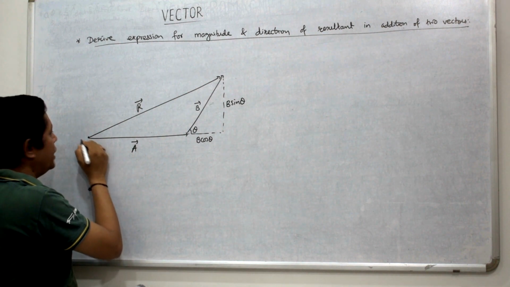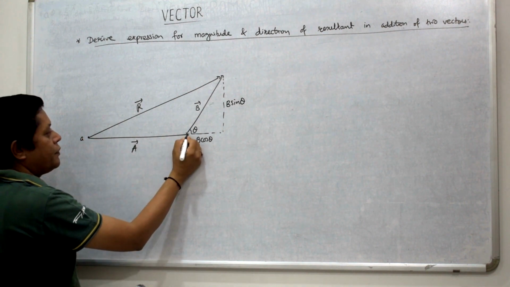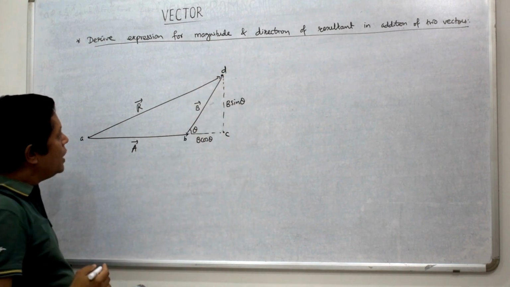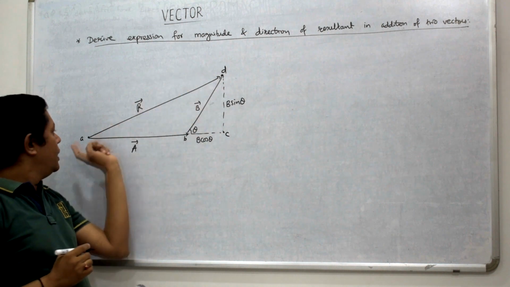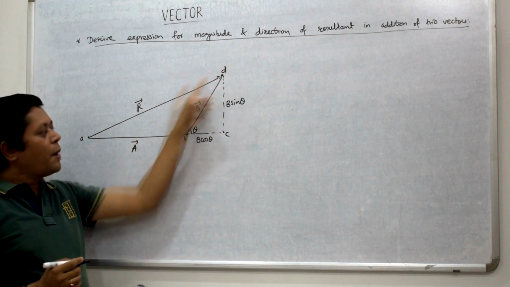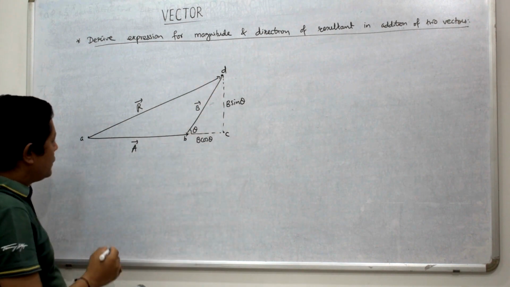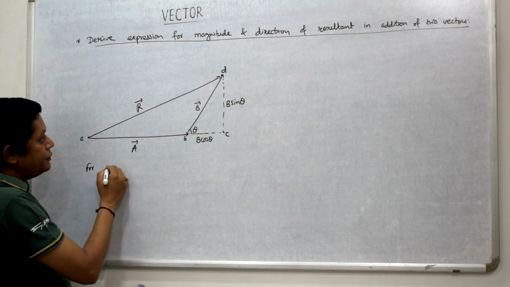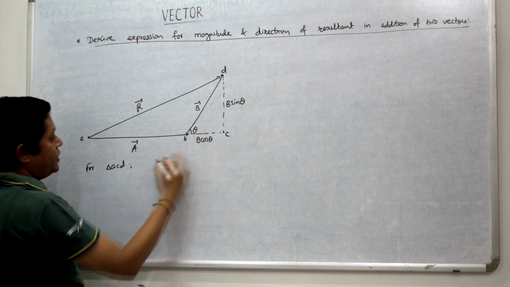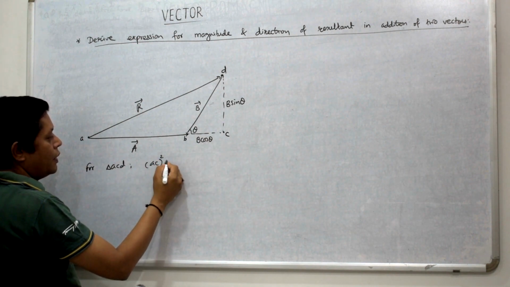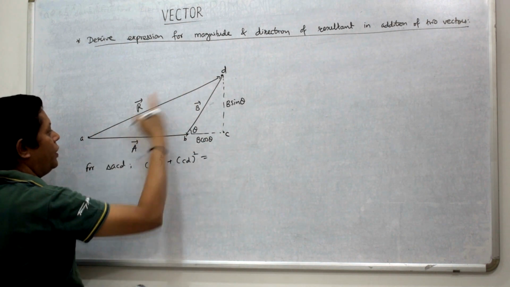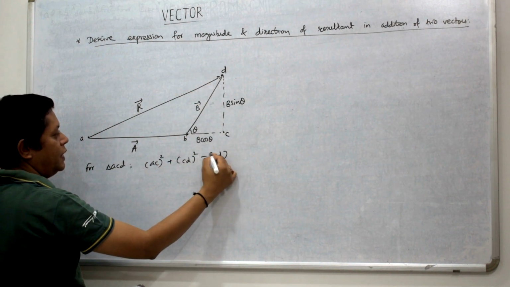If we mark all these points as, let's say, A, B, C and D, you can see triangle ACD. It is a right angle triangle, and if we apply the Pythagoras theorem here for triangle ACD, AC square plus CD square will be equal to AD square.